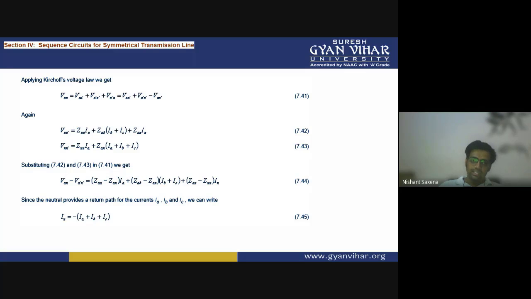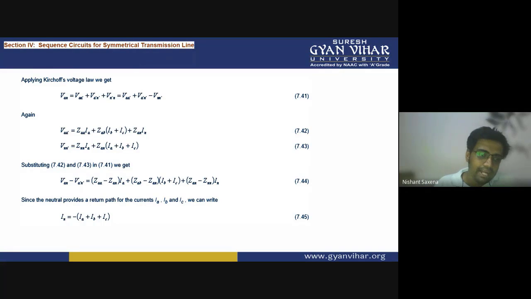Then similarly, I can write it for VNN dash, which will be equal to ZNN IN plus ZAN into IA plus IB plus IC. Now we substitute equations 7.42 and 7.43 in equation 7.41.